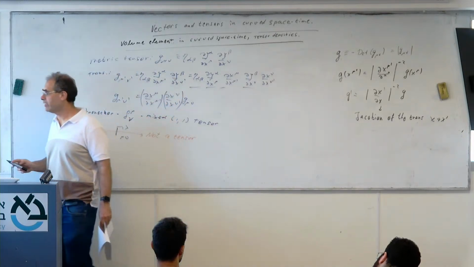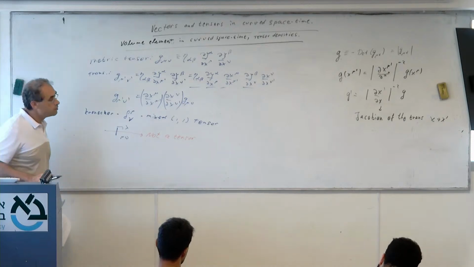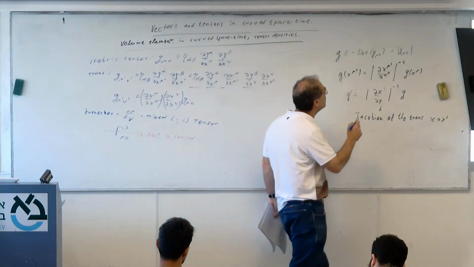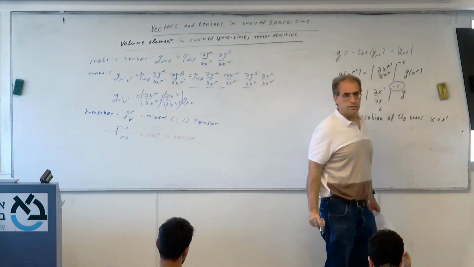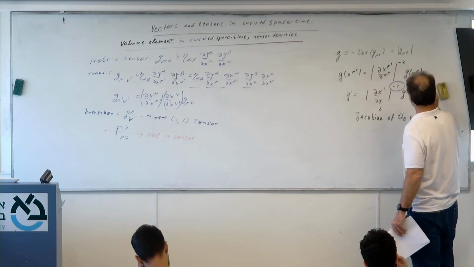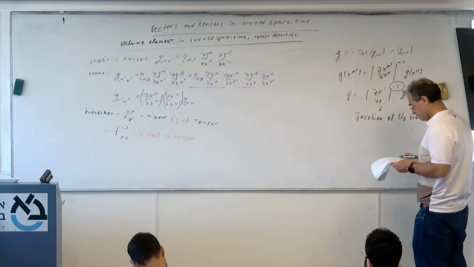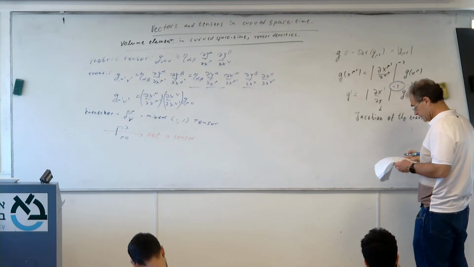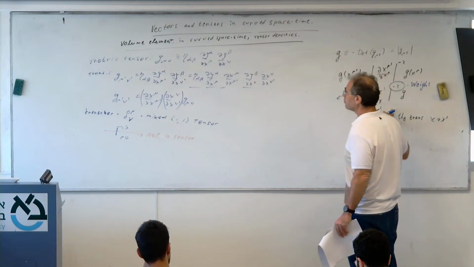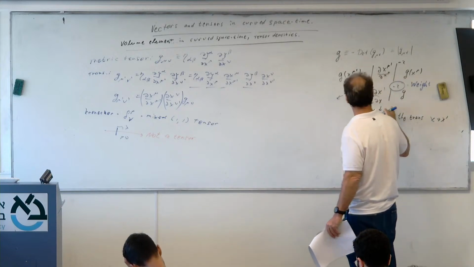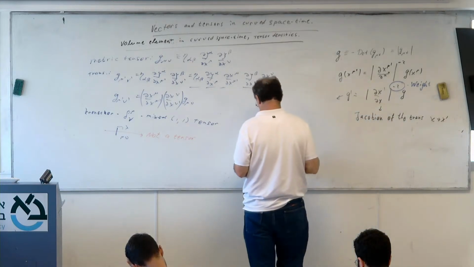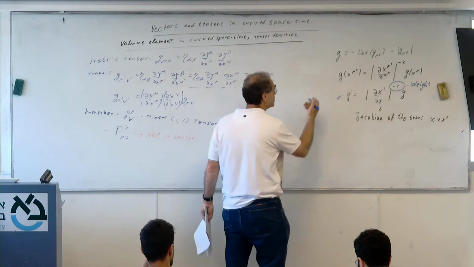Now this number that we have here, minus 2, has a name. It's called a weight. G doesn't transform like a vector, it has an extra Jacobian. This is called a tensor density. This is really a scalar density, because this is a scalar.